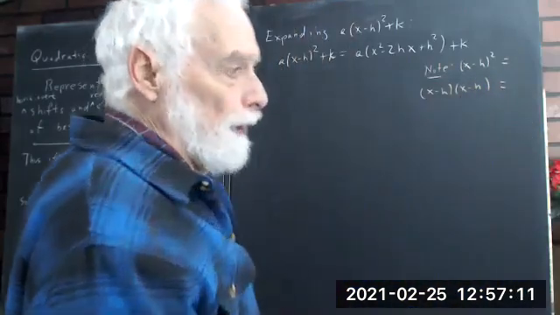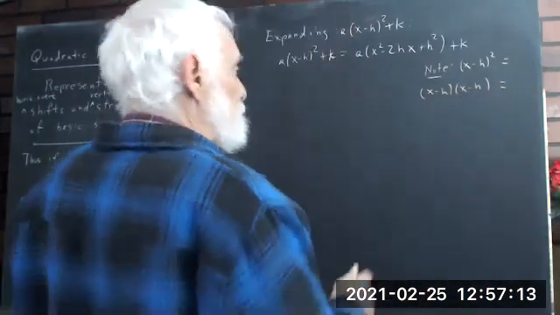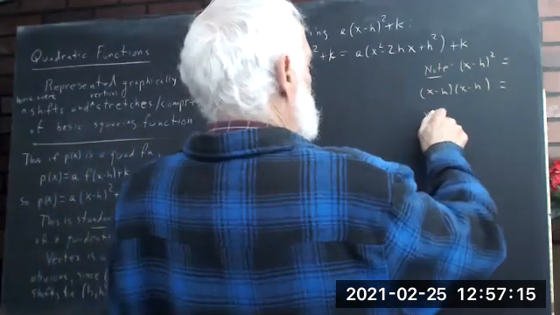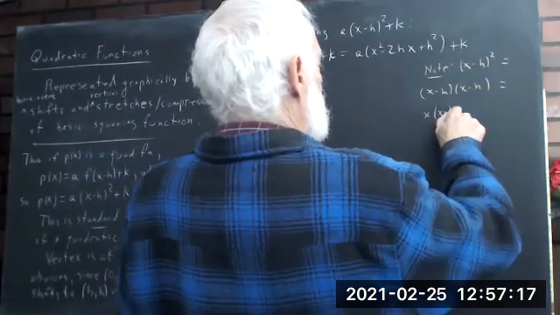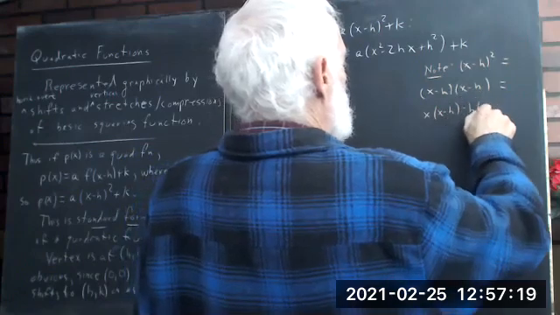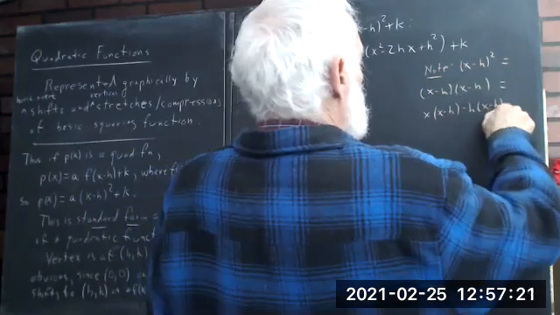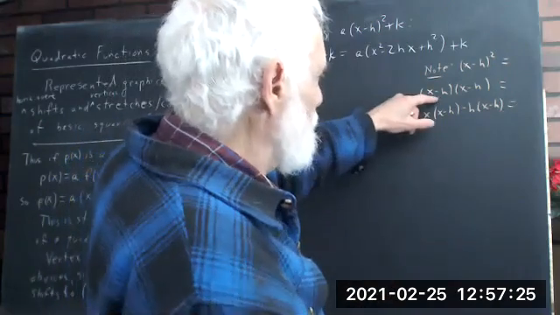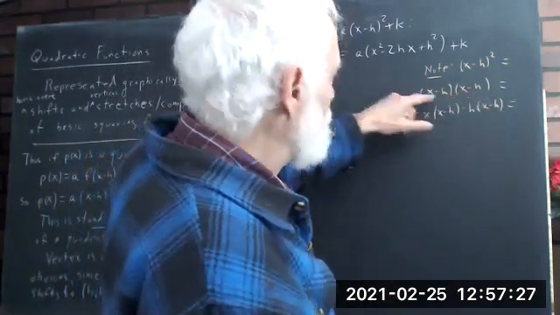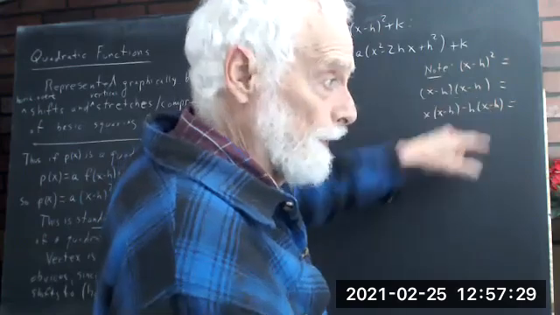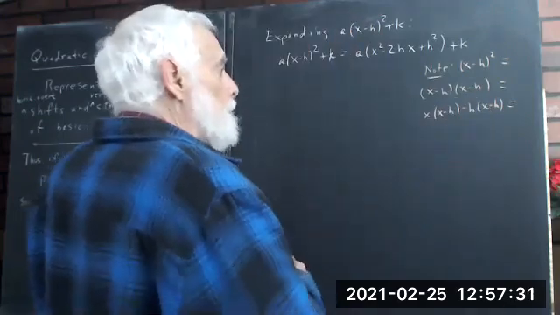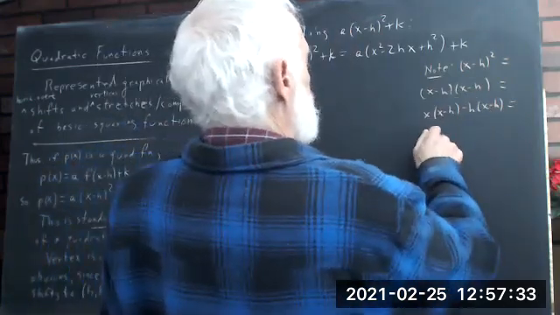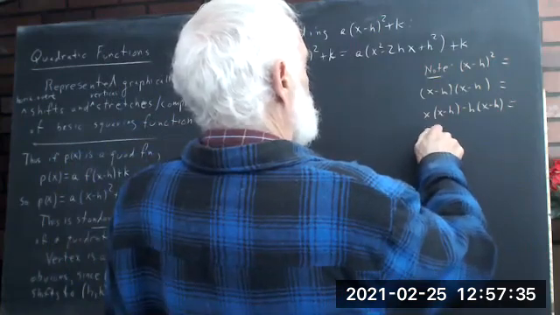It's equal to x minus h times x minus h, which by the distributive law is x times x minus h minus h times x minus h. In other words, x minus h times anything is x times that thing minus h times that thing. Very familiar, hopefully. If not, worth a review.